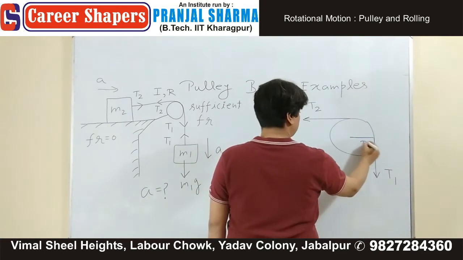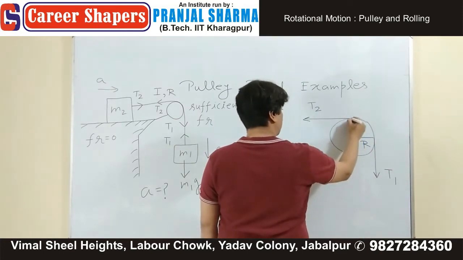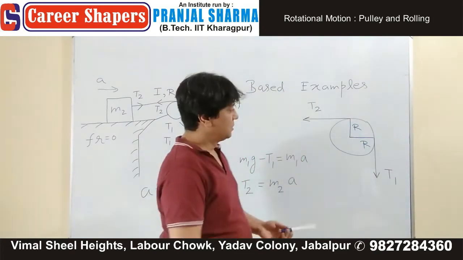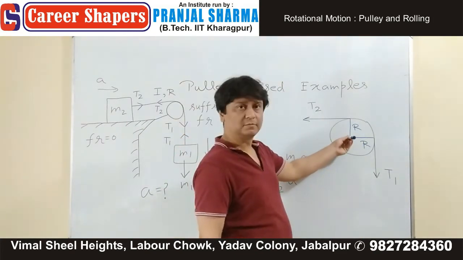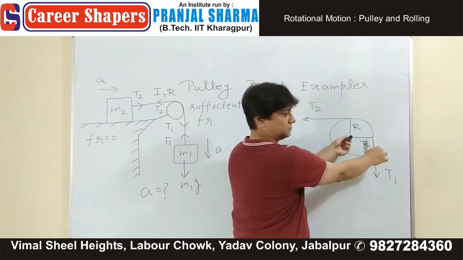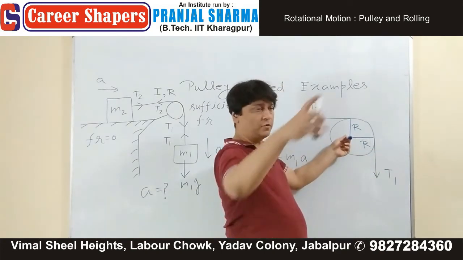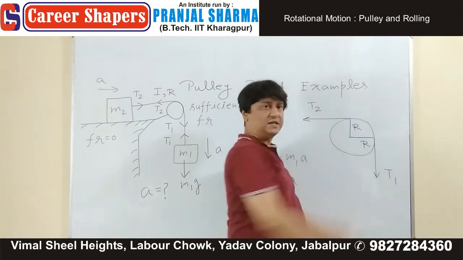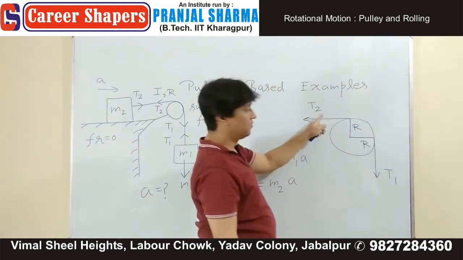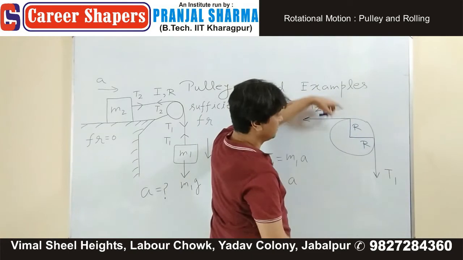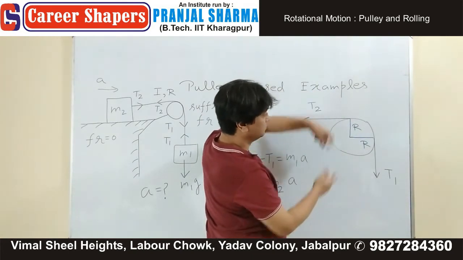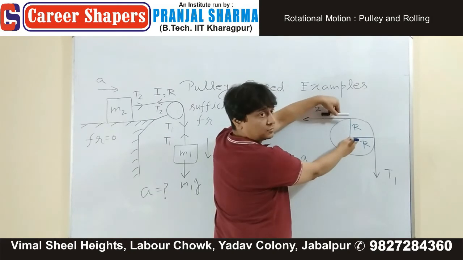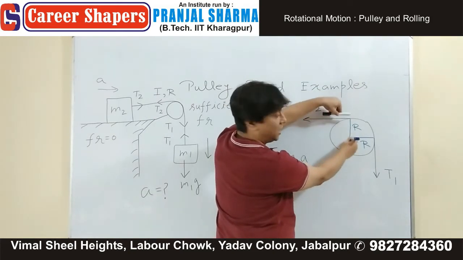This is R. This is also R. Now this is the axis, that's your force. What is the perpendicular distance? R. For this T2, same thing. That's your T2. This is the axis. What is the perpendicular distance? R.